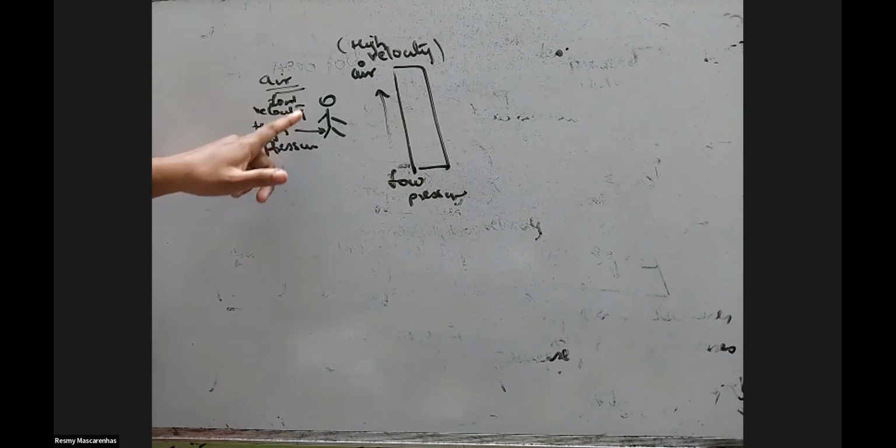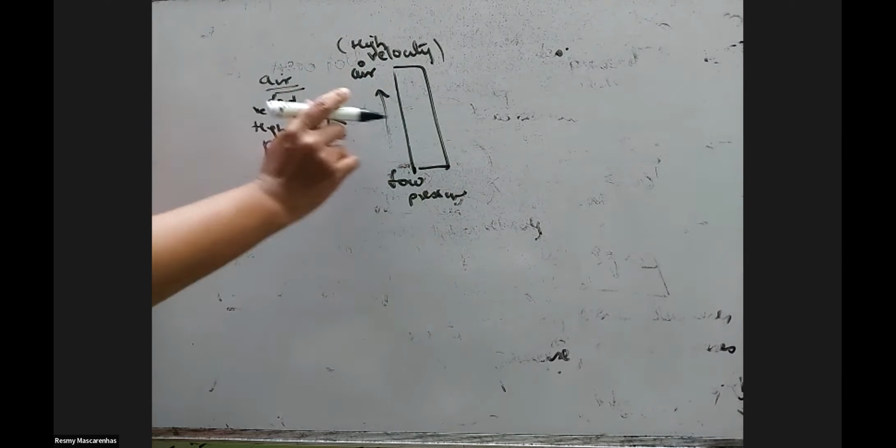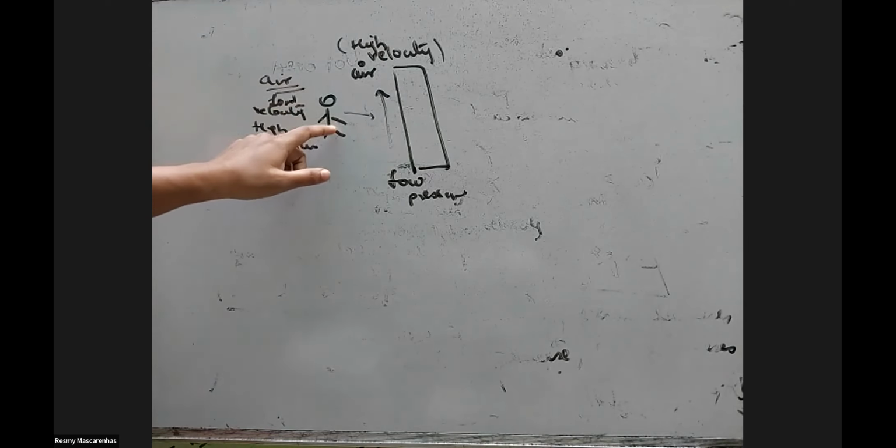Because of the low velocity, a high pressure is created, and because of the pressure, the person might be pushed towards the train. That's why it is not suggested to stand close to the train when it is moving very fast.